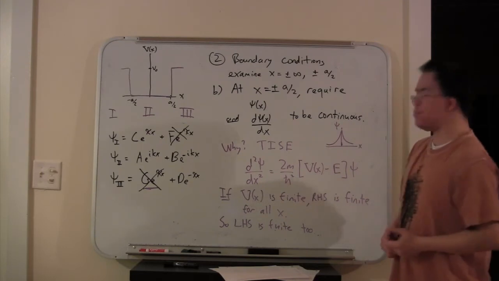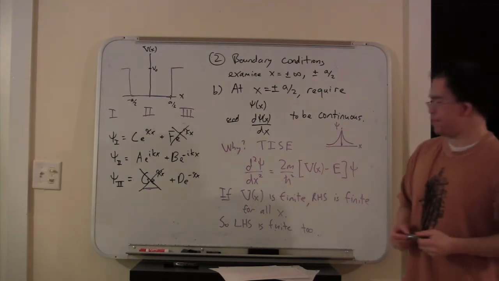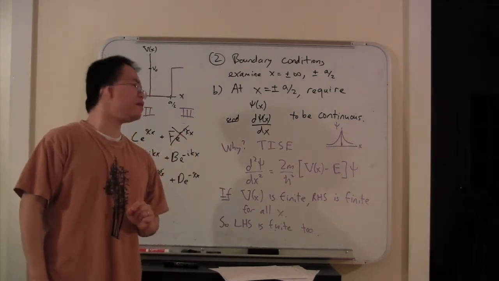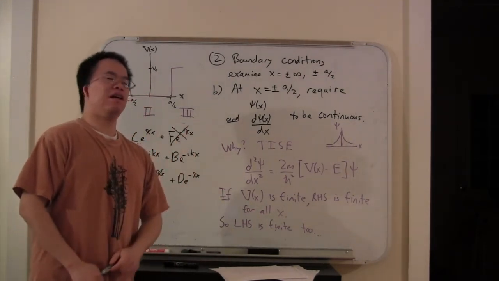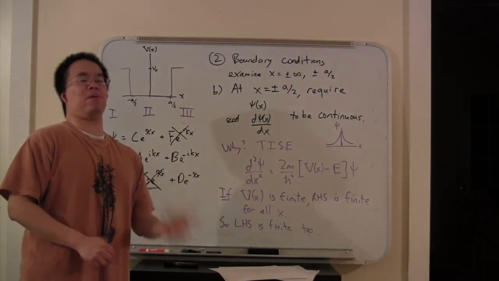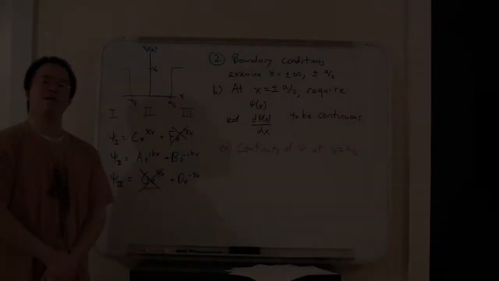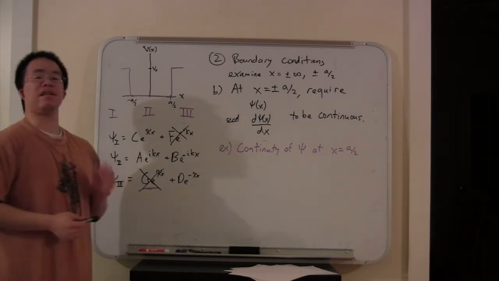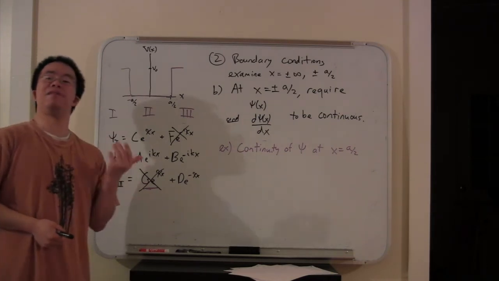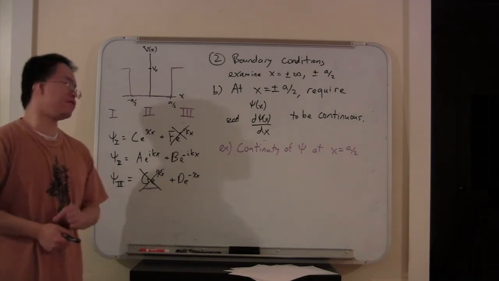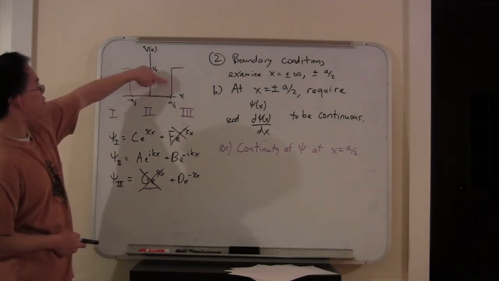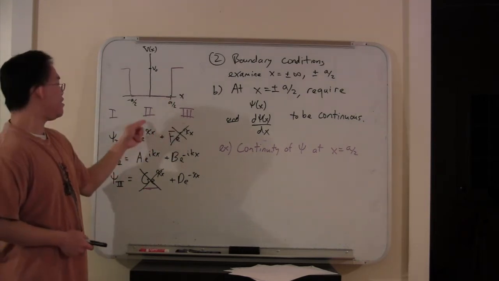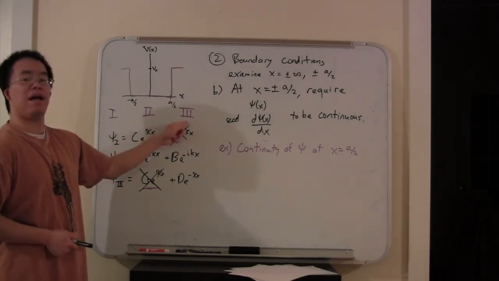Now, what does this mean in practice to apply? I'll do one quick example here, but then I'll leave going through some more of this to a bonus video. So, for example, let's consider the requirement that psi be continuous at x equals a over 2. That's right here. A over 2 lies at the intersection of regions 2 and 3.